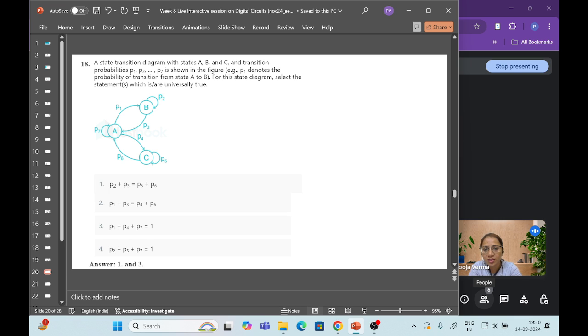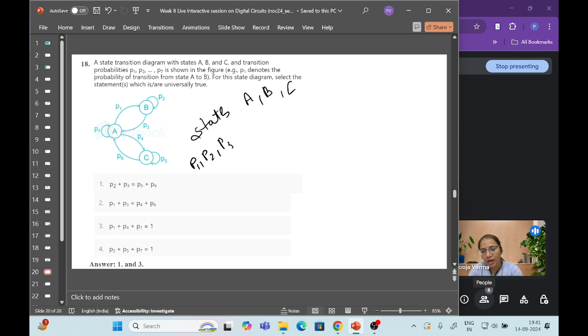From this state diagram, select the statements which are universally true. The state transition diagram has states A, B, and C, and the transition probabilities are P1, P2, P3 and so on, as shown. So what can we find from these states?